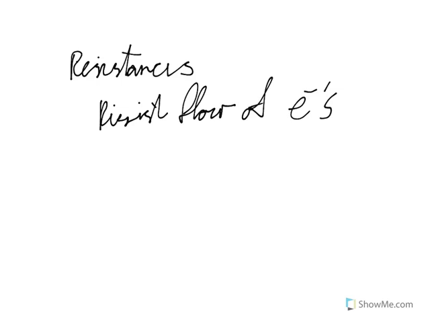Now, experiments, and we don't need to know this in great detail, but experiments show that the resistance depends on a few different things, and so you just need to know qualitatively, not quantitatively. It depends on, firstly, the length of the wire, of the thing.